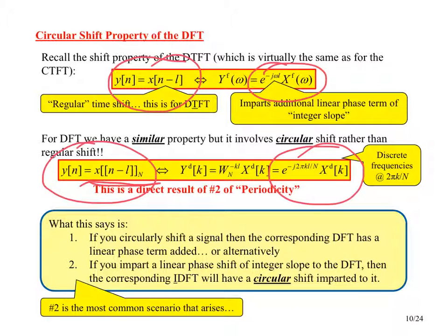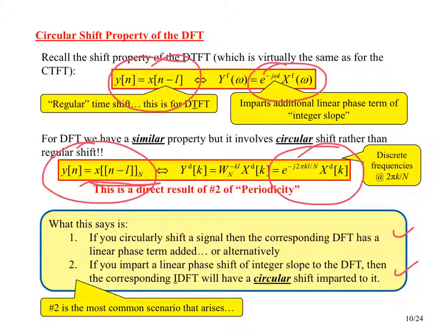So basically, these two things are saying the same thing, just depending on which view you're thinking about, the action happens. Number one says if you circularly shift in the time domain, it corresponds to applying a linear phase term to the DFT.